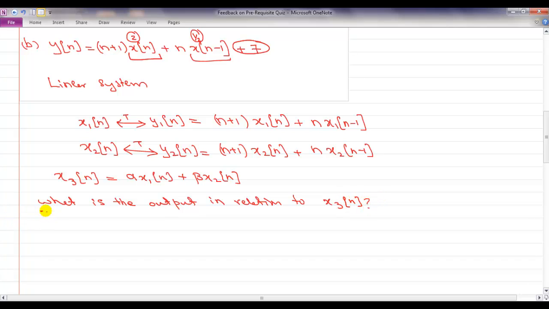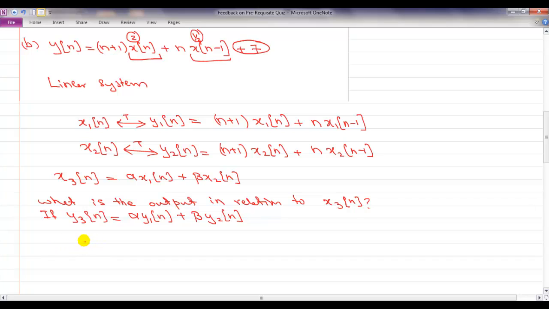If the output, let's call that y3[n], ends up being the linear superposition of the respective outputs of x1 and x2, which means if it ends up being alpha y1[n] plus beta y2[n], then we will declare that this system is indeed linear. If not, then this system is nonlinear.